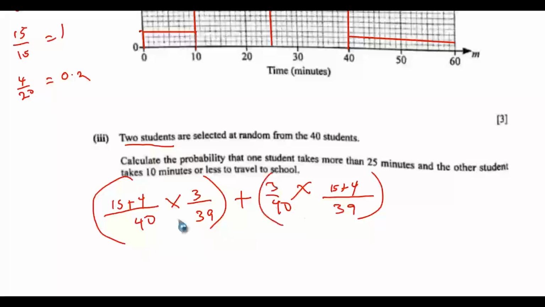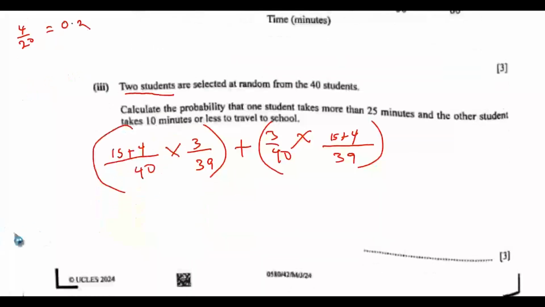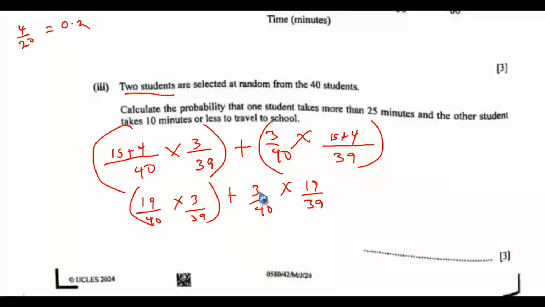So let's add this now. This will be 19 over 40 multiplied by 3 over 39, plus 3 over 40 multiplied by 19 over 39. If you observe these two, they are the same, because here you are multiplying 19 by 3 at the numerator, and also here you are doing the same thing, 3 by 19.